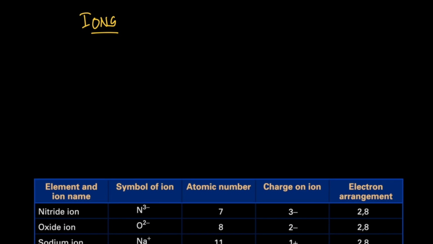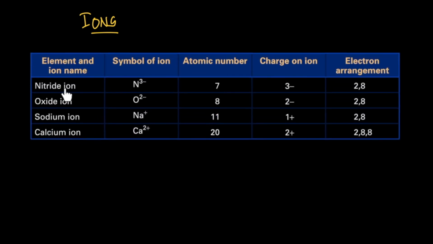Here are some examples. For example, nitrogen's ion is nitride, 3 minus. When it gains 3 electrons, it goes from 2,5 to 2,8. When oxygen, which is 2,6, gains 2 electrons, it becomes an oxide, which is 2,8 also. When sodium loses 1 electron, it goes from 2,8,1 to 2,8.